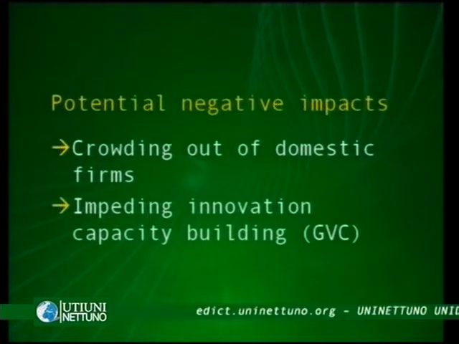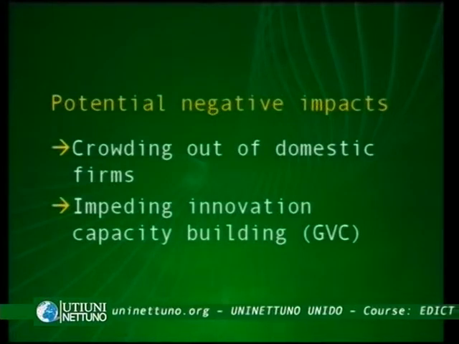Some foreign investment may impede domestic innovation, with foreign companies bringing in foreign technology and linking it to global value chains. So, for example, a global brand sets up operations in a country to supply inputs to its global branding.